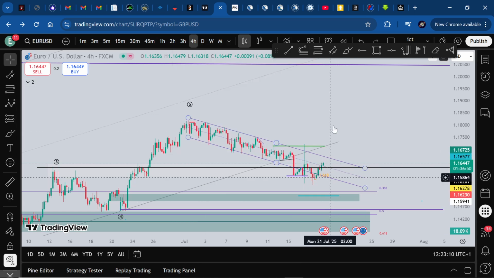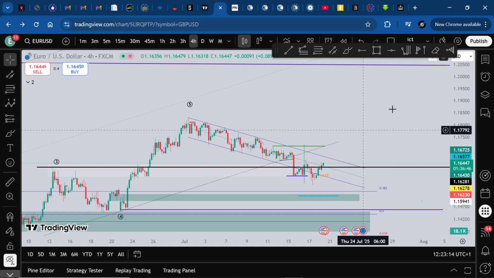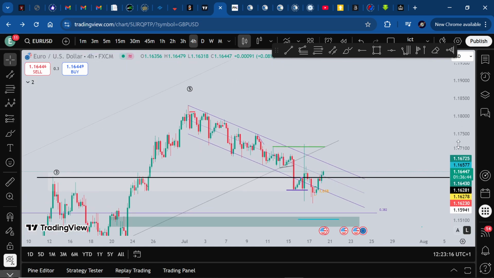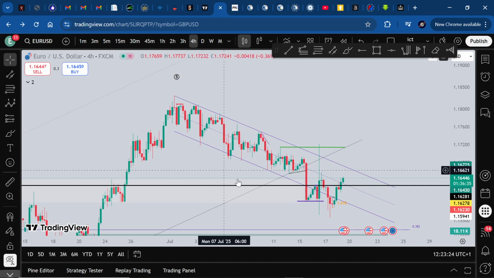Looking for price to raid through there and continue on to take out this high. I cannot see where price could turn around from inside this structure, and we know it's corrective. Okay, so it's a zigzag.